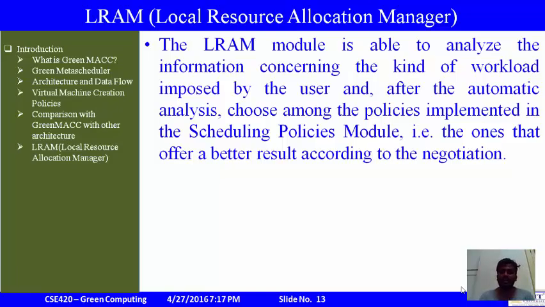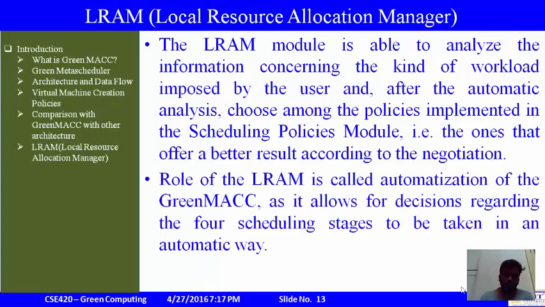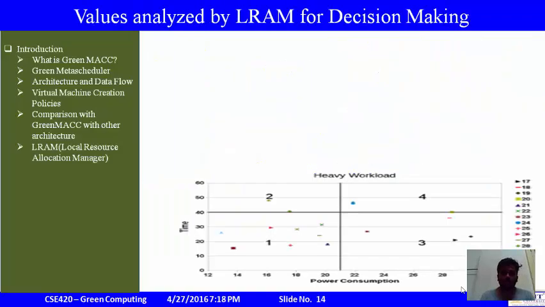Of course we'll be taking the best result that is offered to a user. The role of the LRAM is called automation of the GreenMac, as it allows for decisions regarding the four scheduling stages that we discussed previously to be taken in an automatic way.